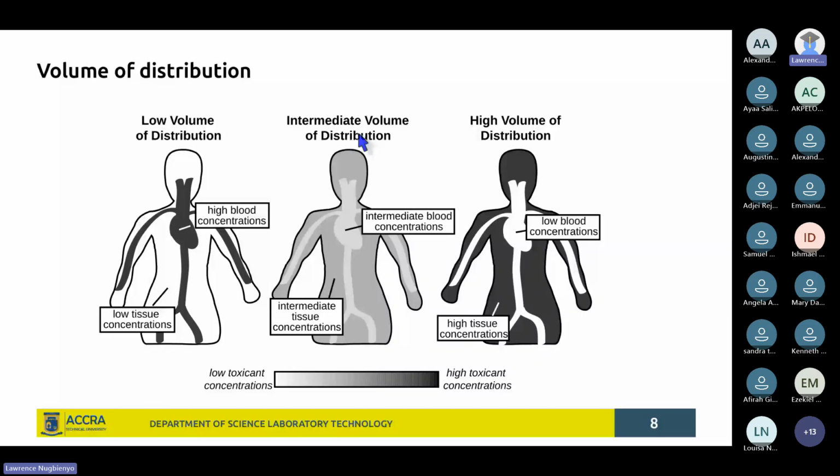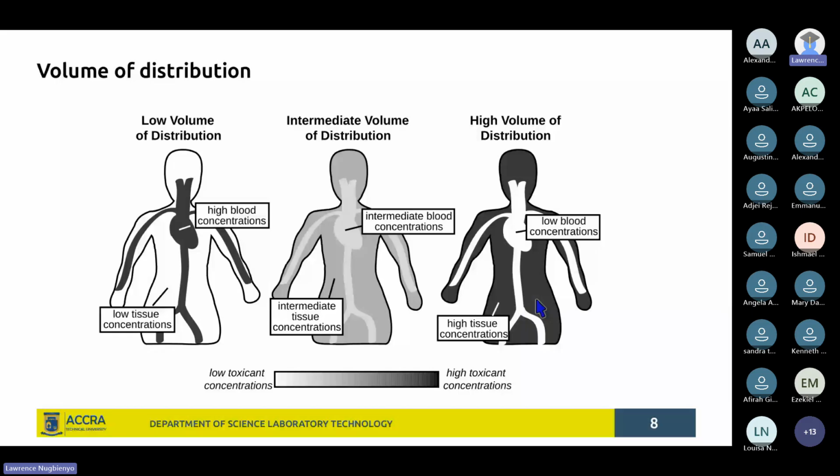Now, high volume of distribution is much of concern, because as you can see, if the substance has less affinity for blood proteins, but high affinity to be stored in the tissues, that will mean that the substance is going to have very serious toxic effects over a very long period of time, because that substance is getting accumulated in tissues.